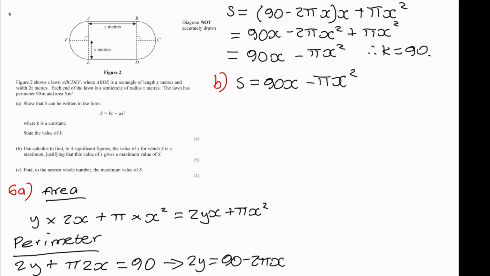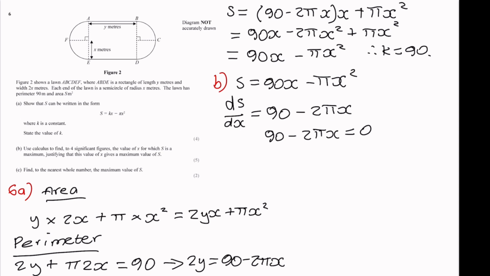So if we differentiate this, dS by dx rather than dy by dx, because our function is S equals, but it's the same thing, we get 90 minus 2 pi x, and then we're going to set this gradient function, dS by dx, equal to 0, and find the value of x for when this gradient is equal to 0.